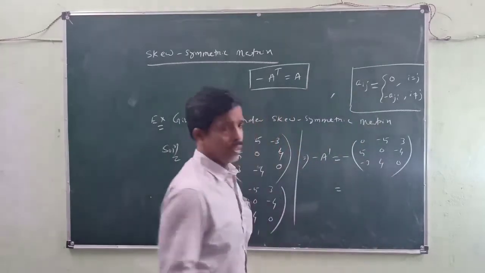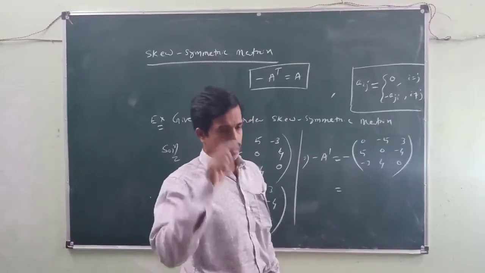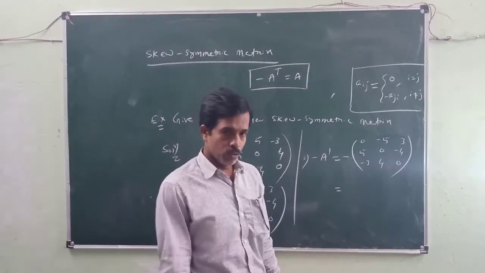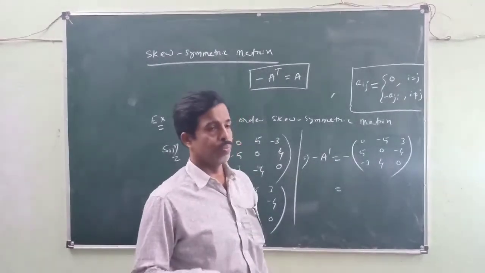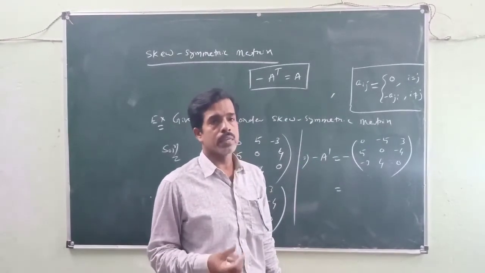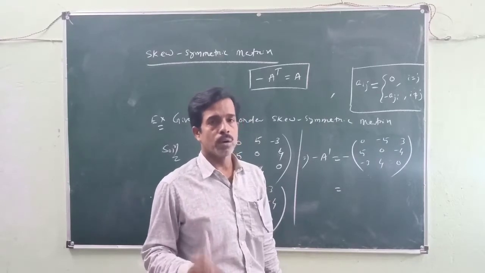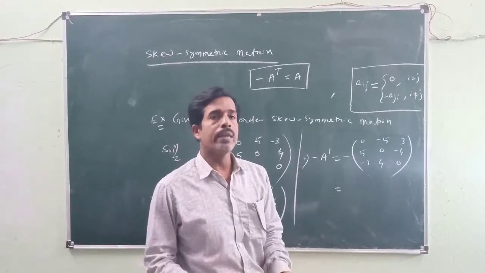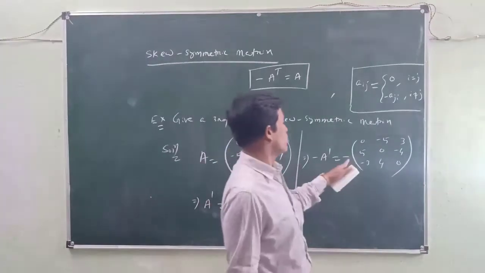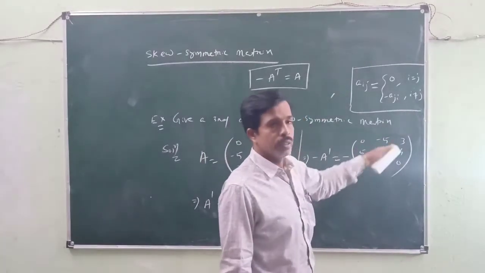We know from the algebra of matrices, that is scalar multiplication with a matrix, that when we multiply a scalar with a matrix, that scalar must multiply all elements of that matrix. That means you multiply minus 1 with each element.